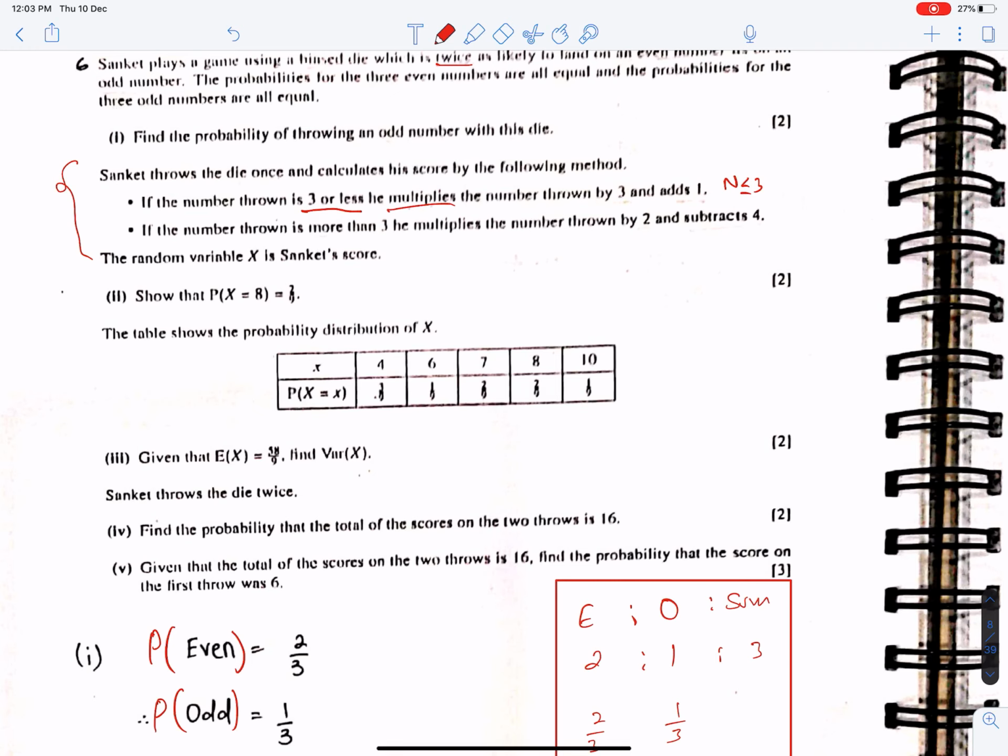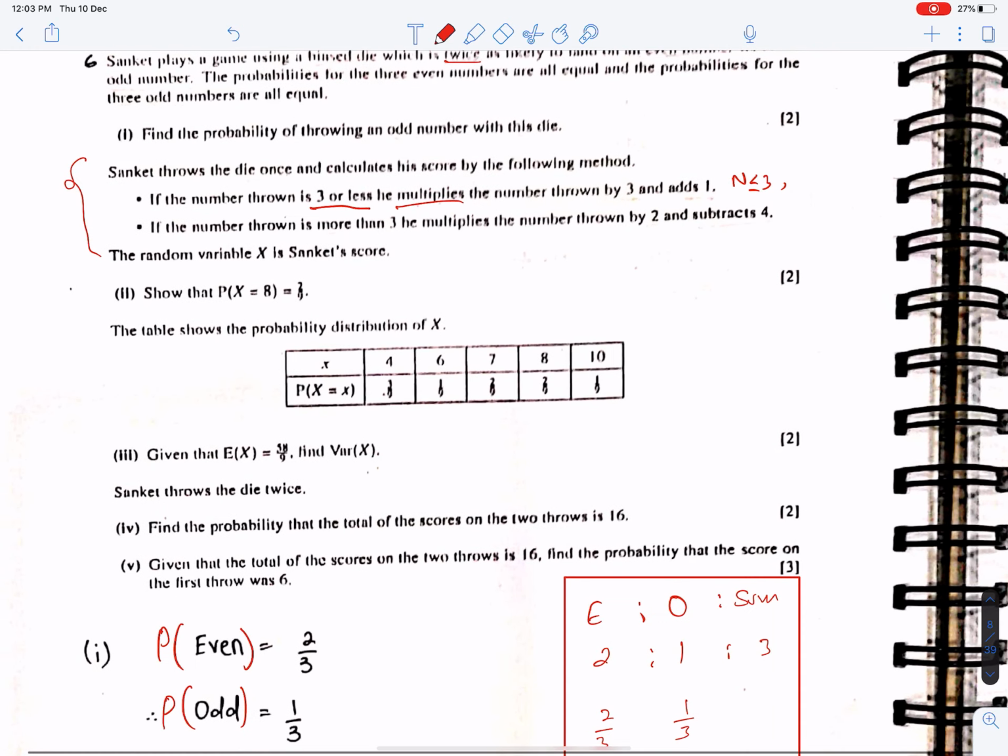This is the way he gets his score: 3n plus 1. Second condition, if the number thrown is more than 3, he multiplies the number thrown by 2. When the number is more than 3, then he will get his score like this, 2n minus 4. So there are two ways to get these scores.